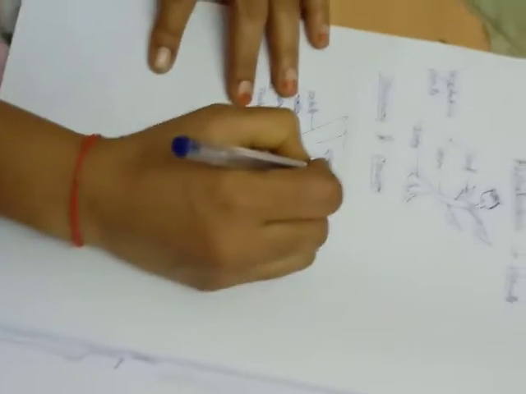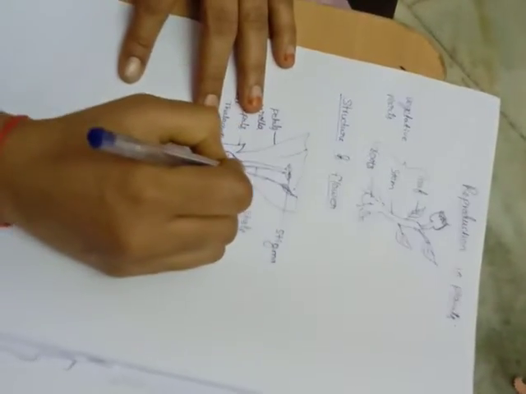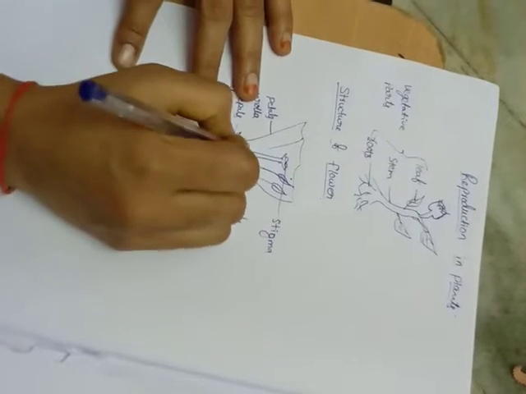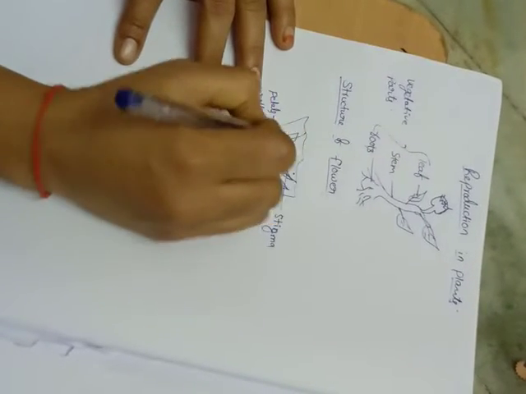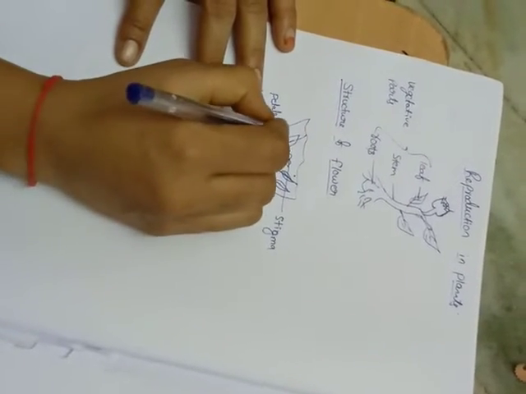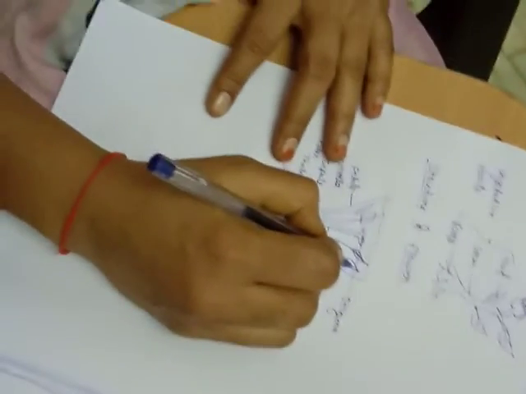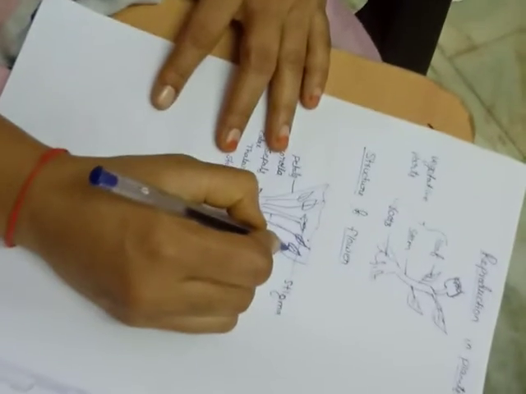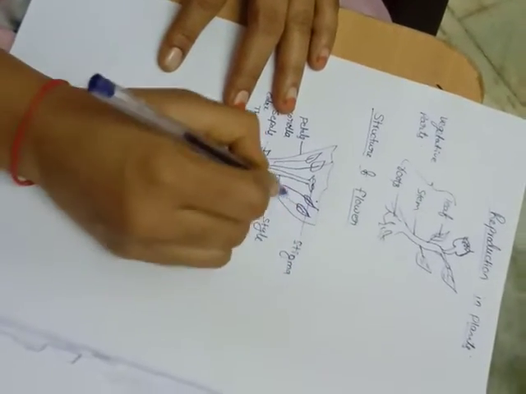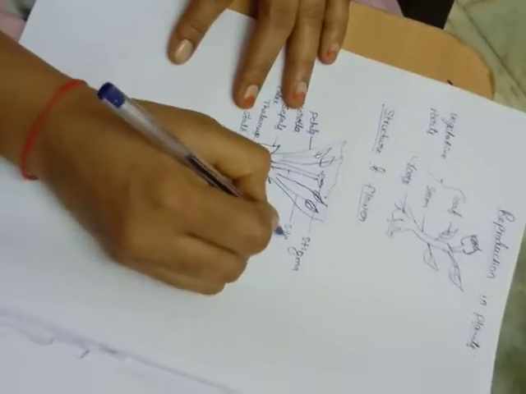Here the long tube-like structures are called stamens. Above the stamens, we have a small yellow colored part called what?